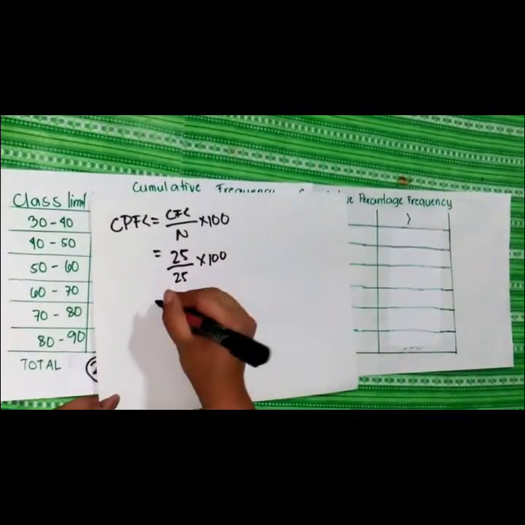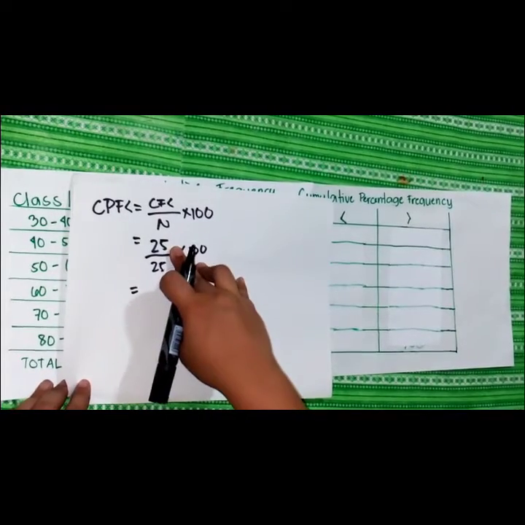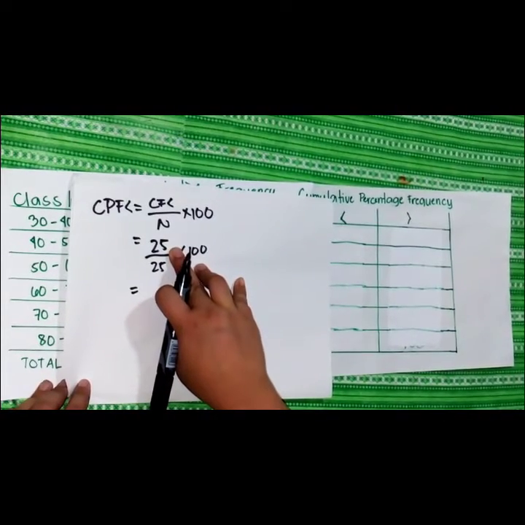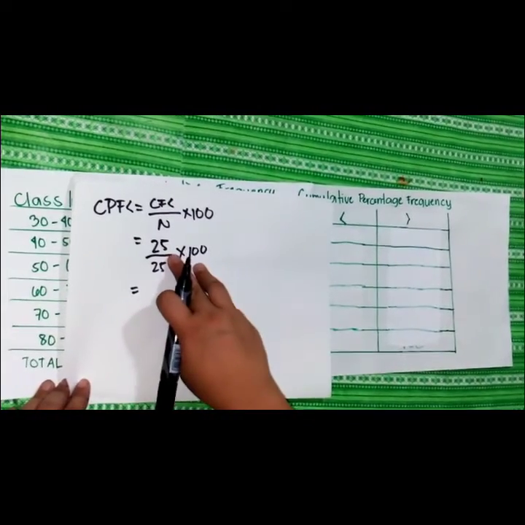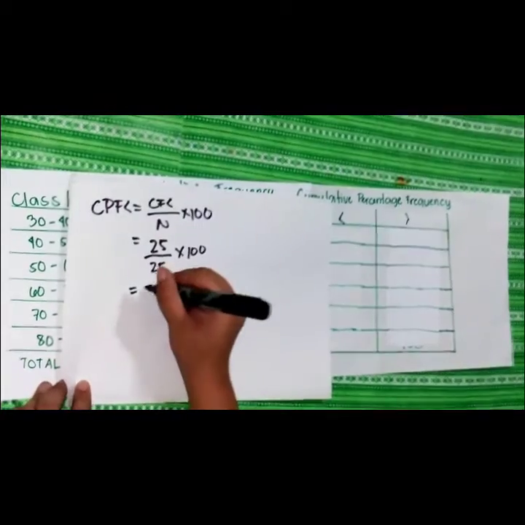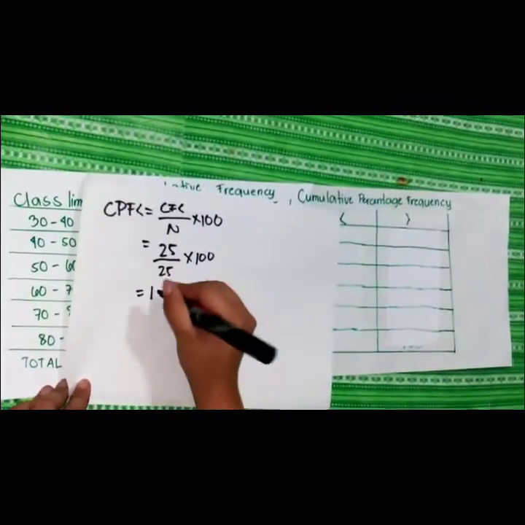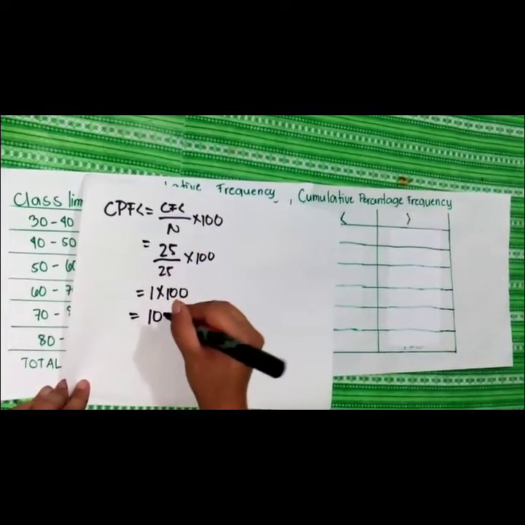Now, to find the answer, we divide the cumulative frequency lesser than by our number of cases. So 25 divided by the number of cases is equals to 1. And 1 times 100 is equals to 100.